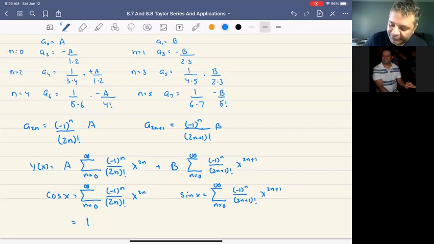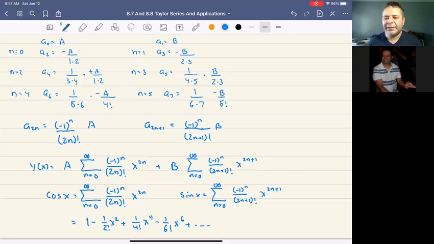The next term, n equals 1, is minus 1 over 2 factorial x squared, plus 1 over 4 factorial x to the 4th, minus 1 over 6 factorial x to the 6th.